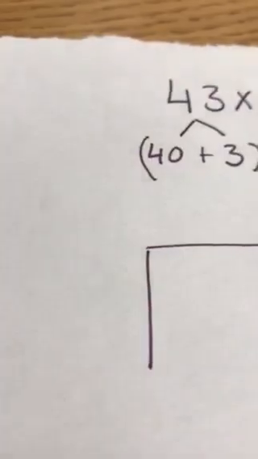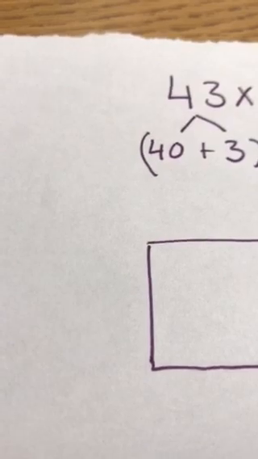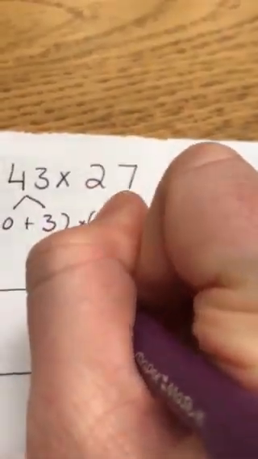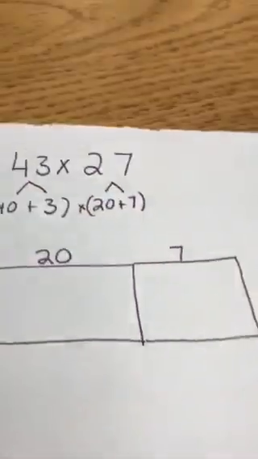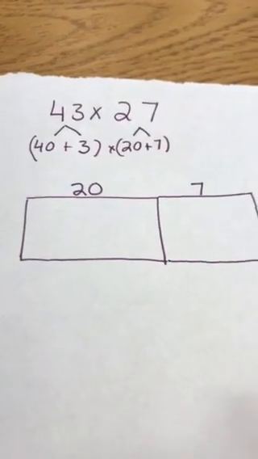So I'm going to start by drawing an area model. And we're going to make it 2 boxes long to represent our 20 and our 7. So I'm going to label the length of that as 20 and 7. Then I'm going to represent our 43.